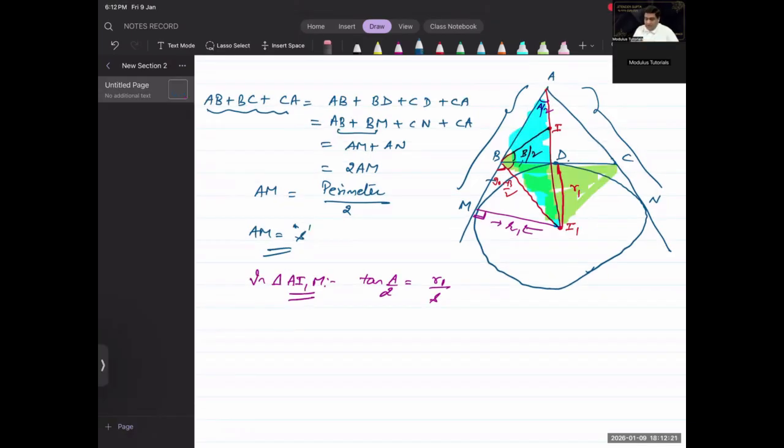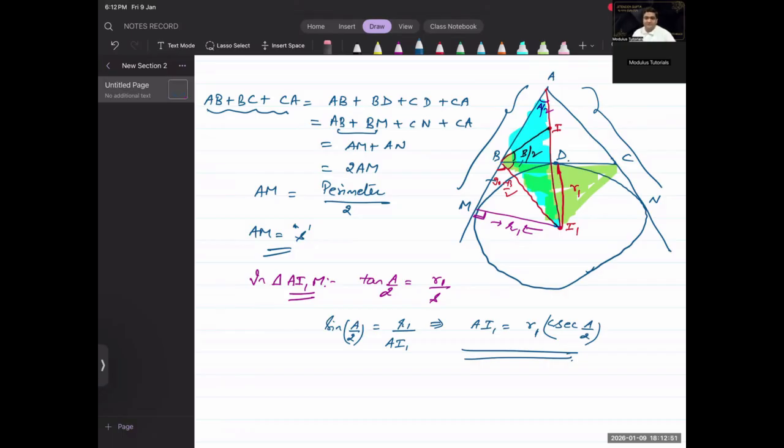In the same triangle, if you use sine A by 2, it is the opposite side, which is R1, over AI1. So AI1 can be written as R1 cosecant A by 2. This is also a very important relation, the distance of the vertex A from the excentre. Similarly, we can understand BI1 and CI1.